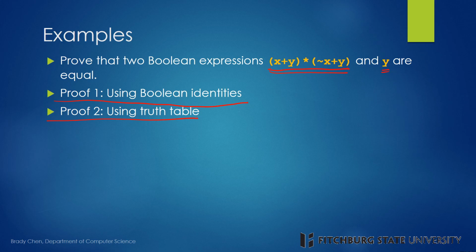Or we can use another way to prove it, like proof by contradiction. Because we try to prove these two Boolean expressions are equal, we can assume, what if they're not equal? And that will lead to a contradiction. So that's another approach. Okay, so I call this proof 3, proof by contradiction.